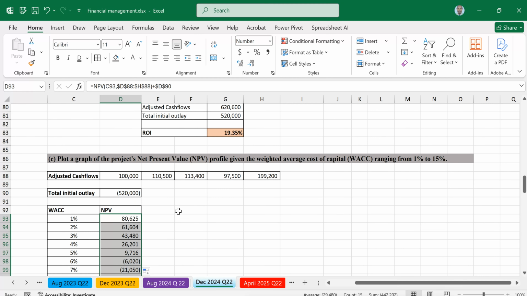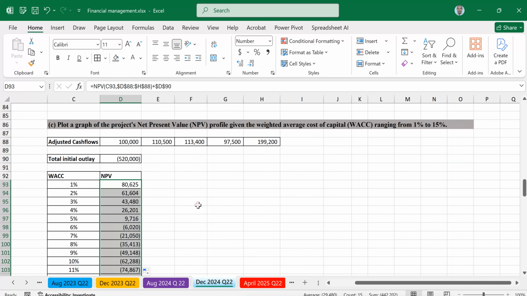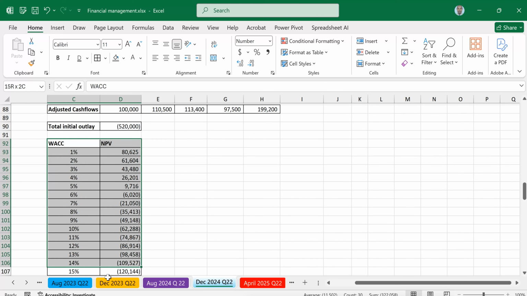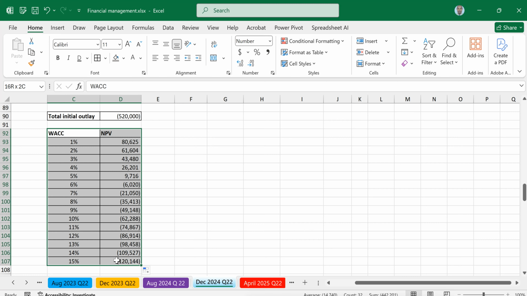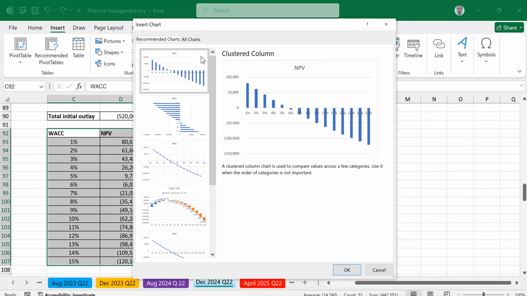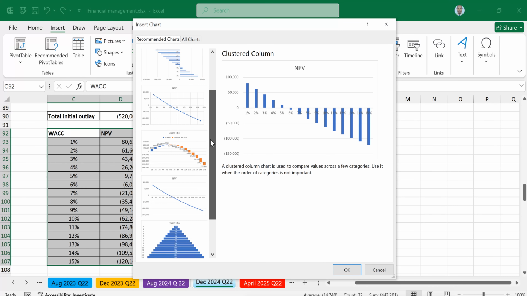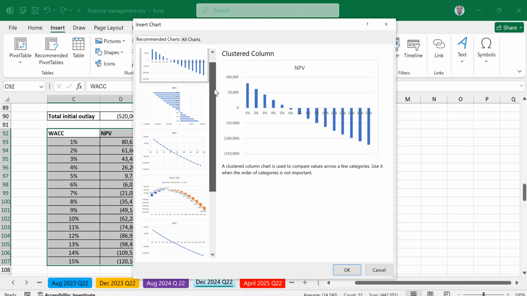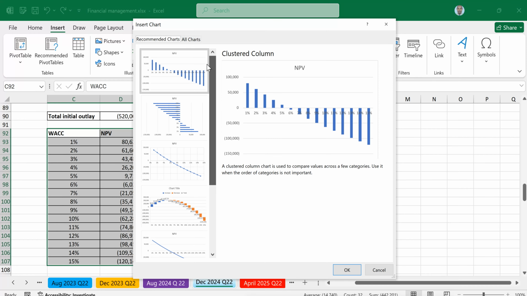Now a graph showing NPV and WACC. Select the data, insert, recommended charts. Let me see if I have all charts, maybe column.